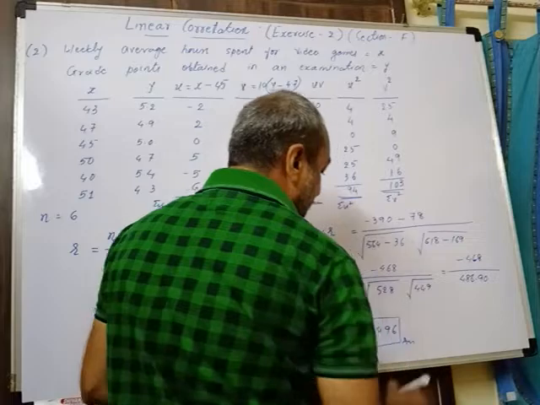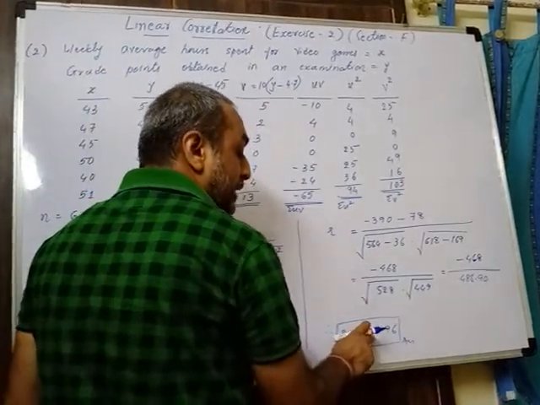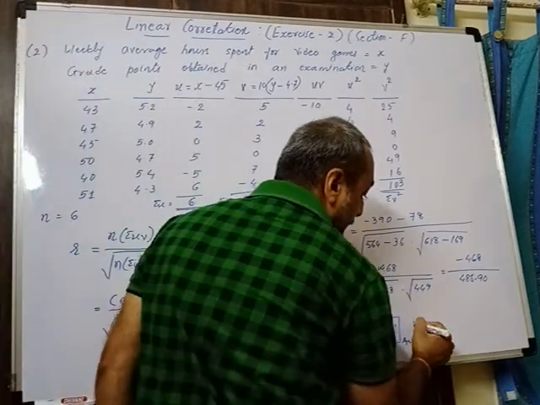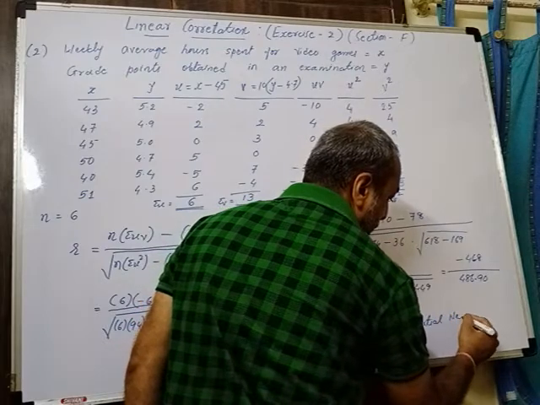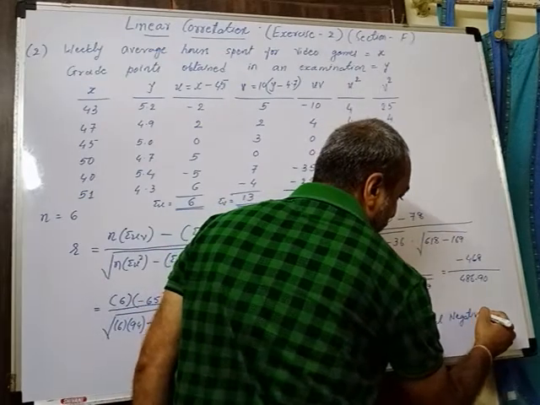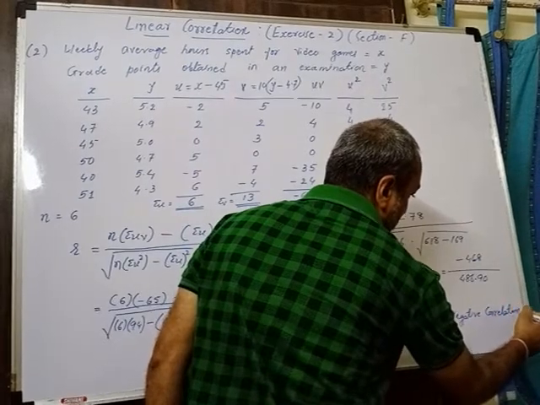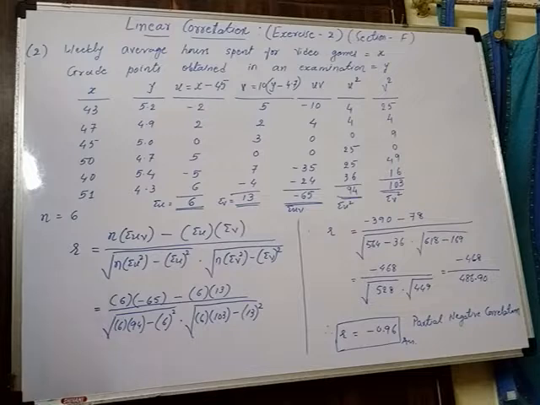And which type of correlation did we get? So we have got a negative relation, but not exactly minus 1. So it is known as partial negative correlation. This is your answer. It is partial negative correlation.